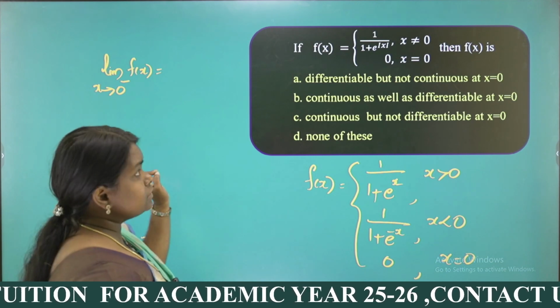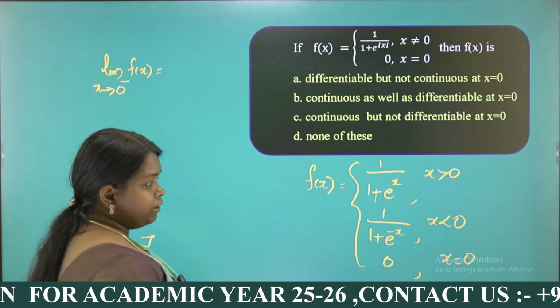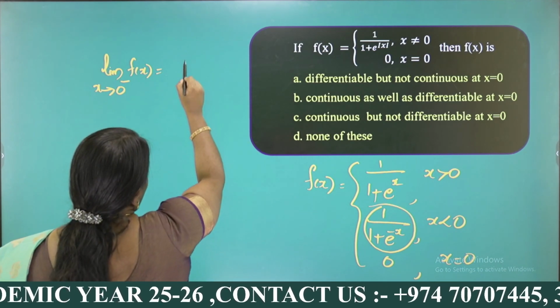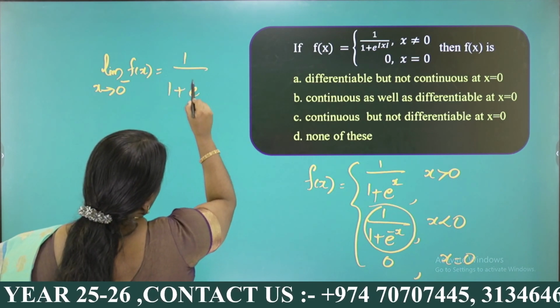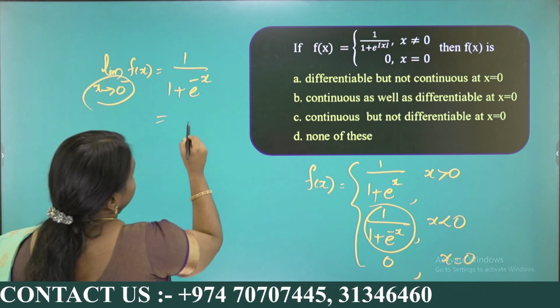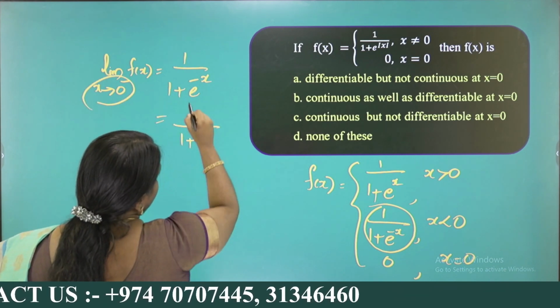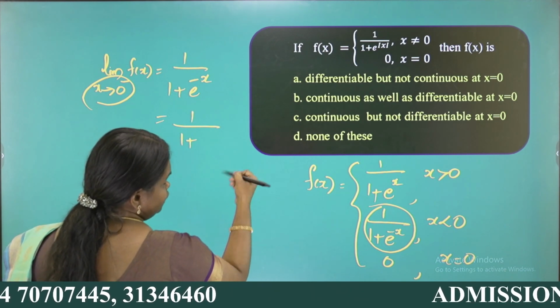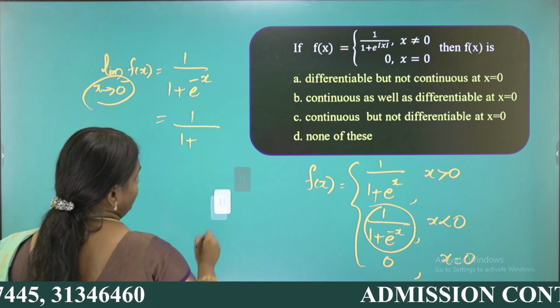So limit x tending to 0 minus. What is the value of the function? 1 by 1 plus e raised to minus x, and the x value is tending to 0. So 1 by 1 plus e raised to negative 0. E raised to negative 0 means e raised to 0 only. E raised to 0 is equal to 1, right?